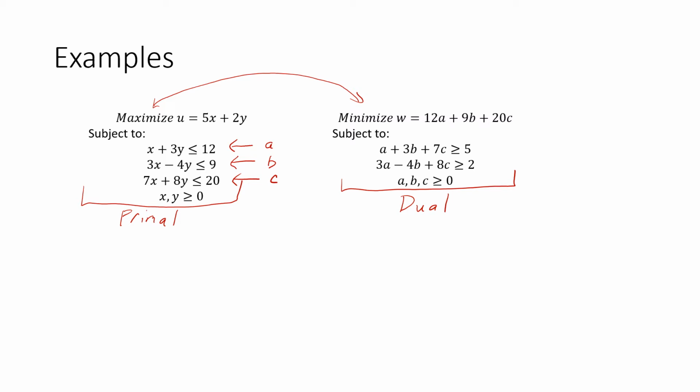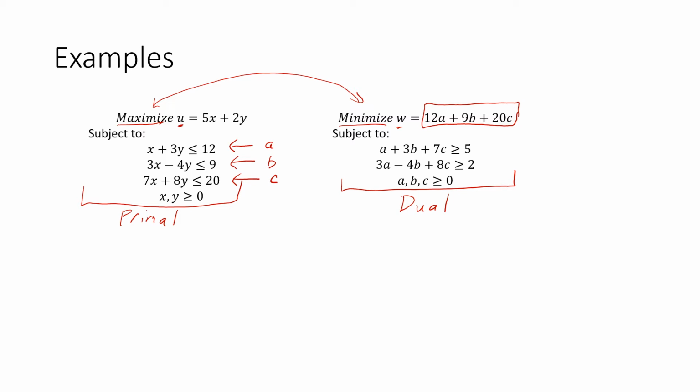So we had a maximize, we change it to a minimize. If we started with a minimize, we would change it to a maximize. We create a new variable for our objective. So we were doing U before, now we call it W. But look at the constraints. The objective is 12A plus 9B plus 20C.